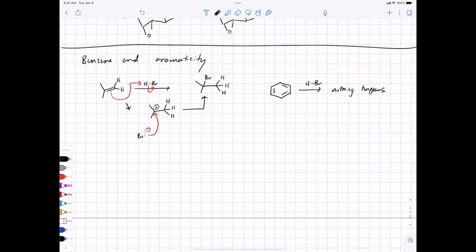Benzene sort of just stares at you. It just does not react with HBr, which is confusing if you understand benzene to be 3 double bonds in a ring, 3 isolated double bonds, because alkenes should be reactive to HBr, and yet benzene is not.